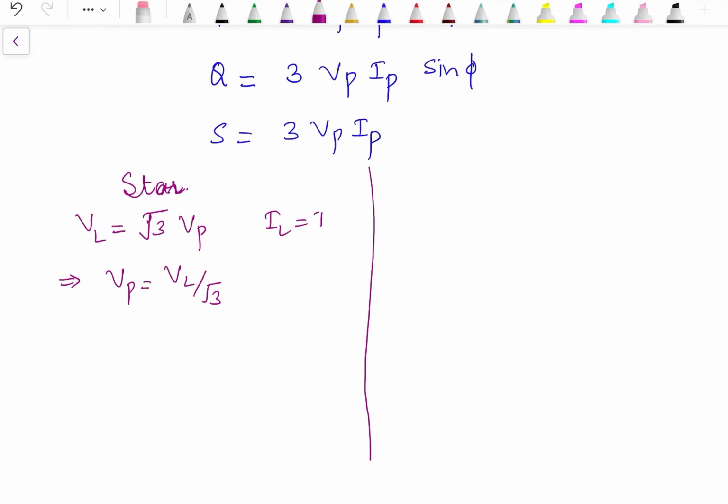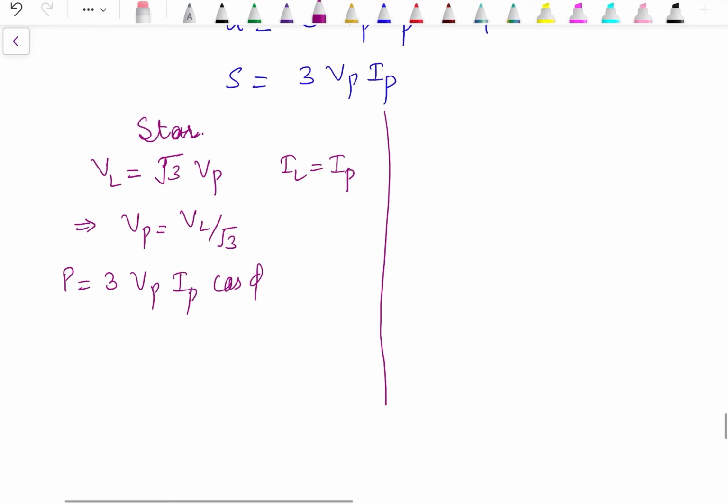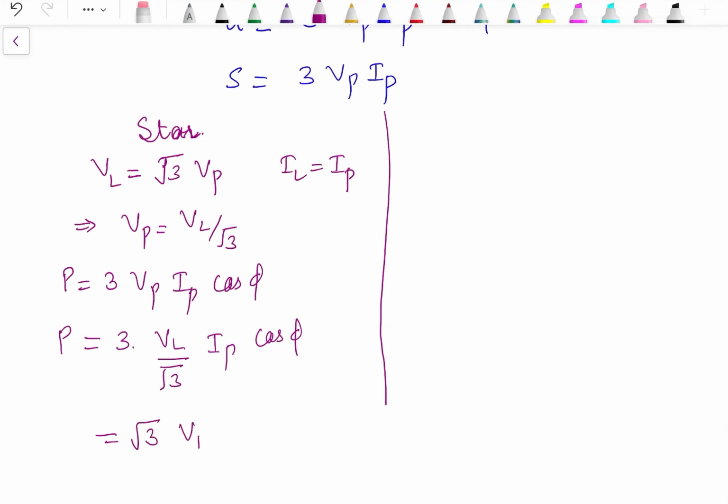IL and Ip both are same. So P, which is equal to 3 times Vp Ip cos phi, can be expressed in terms of line quantities. Vp is replaced by VL by root 3, and Ip cos phi stays as it is. So the expression for power is root 3 times VL IL cos phi.